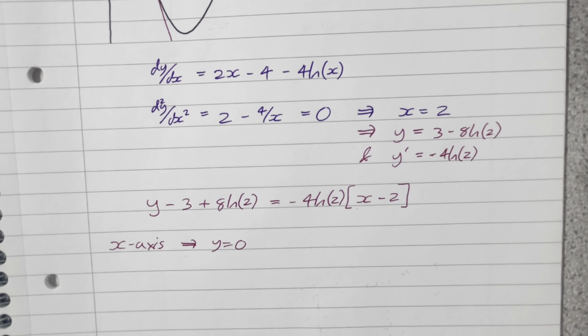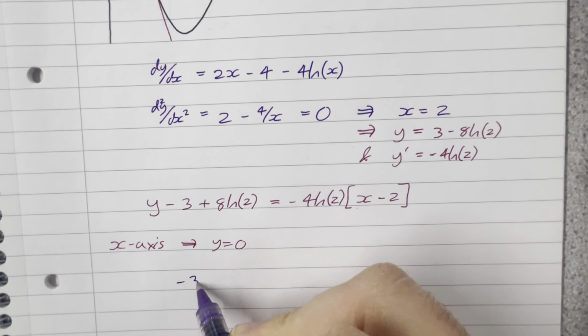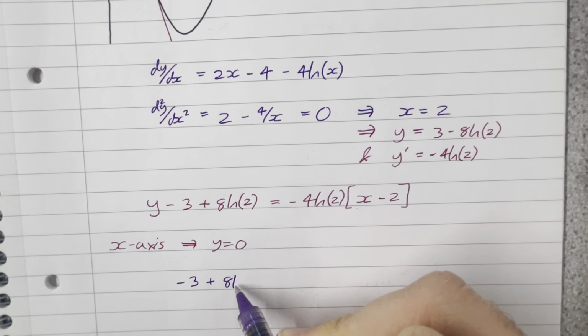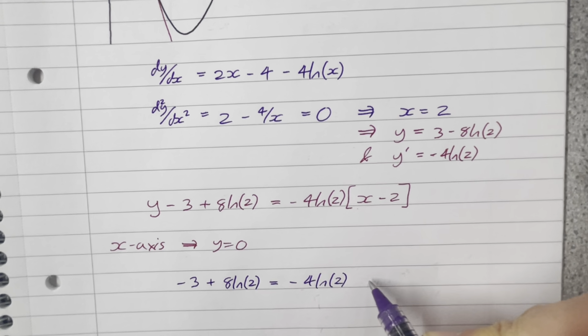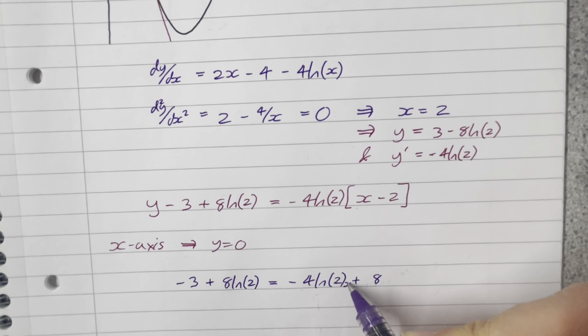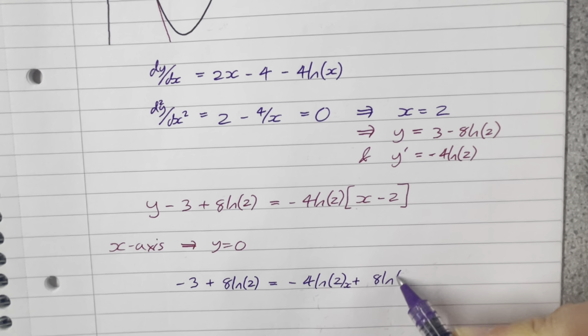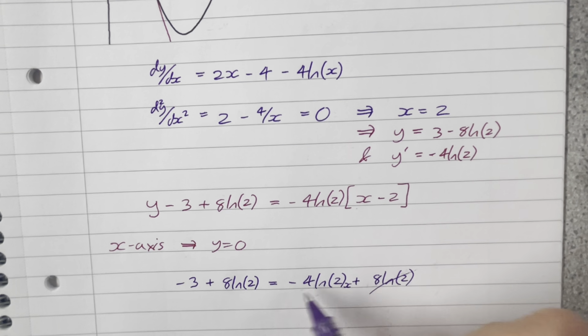So we're going to get that minus 3 plus 8 log 2 is going to equal minus 4 log 2 times x minus 2, which gives minus 4 log 2 x plus 8 log 2. The 8 log 2 cancel out.